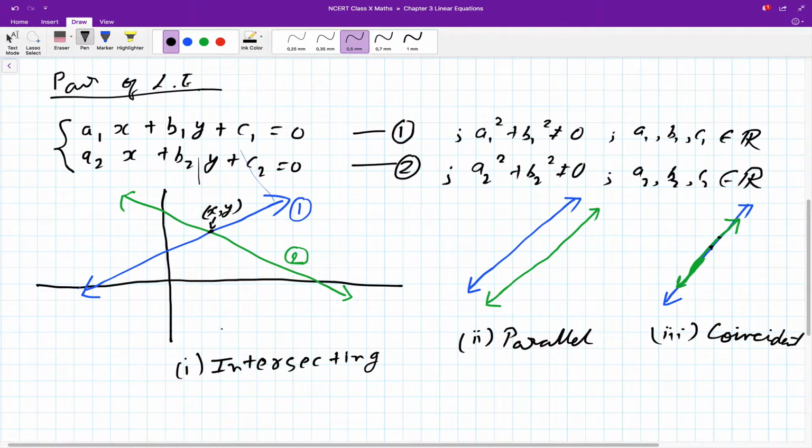Okay, so there are some names given to these things. When we have a solution to a pair of linear equations, we call it a consistent pair of linear equations.